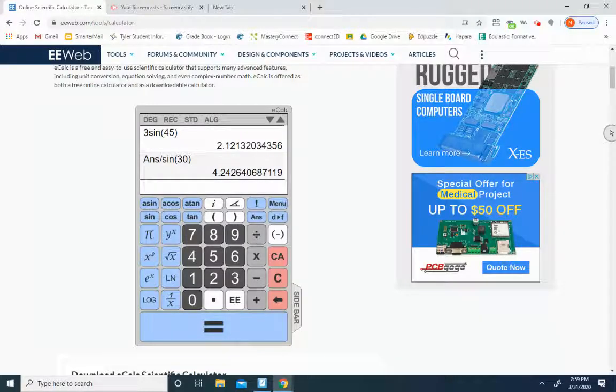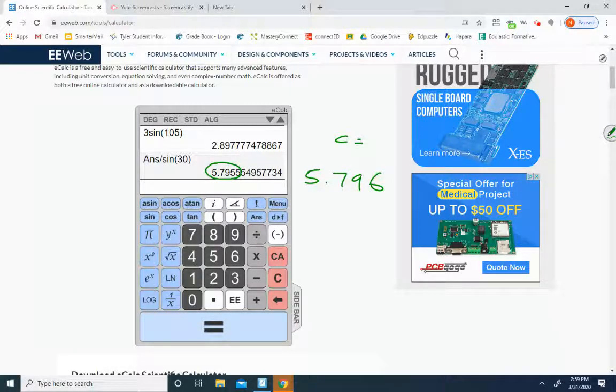All right, clear. So do 3 times sine of 105, close parentheses, and then divide that by sine of 30. And that's going to give me 5.7955, which if we round to 3 decimal places, that's going to give us 5.796.